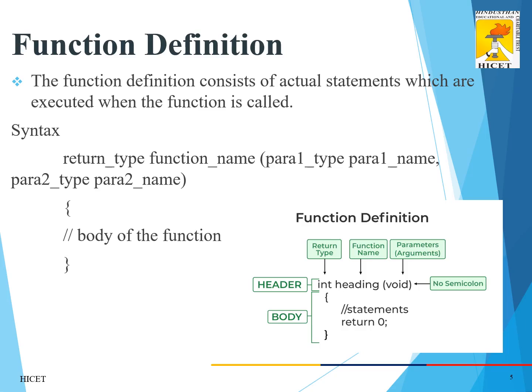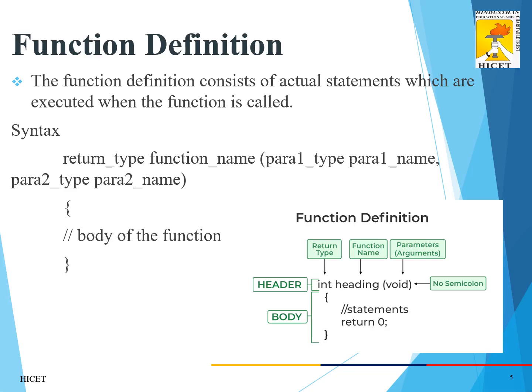Now let's see what a function definition means. When we define a function, we write the actual code, the real instructions that will run when we call the function. This is called the body of the function. Here the syntax is return type, function name, parameter 1, parameter 2.